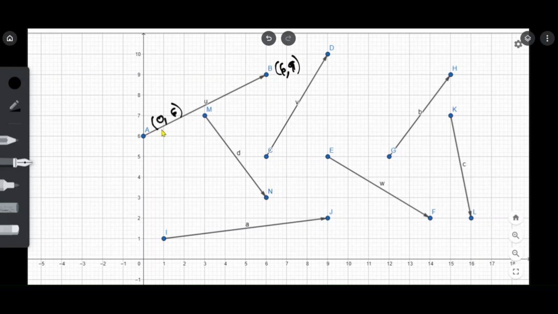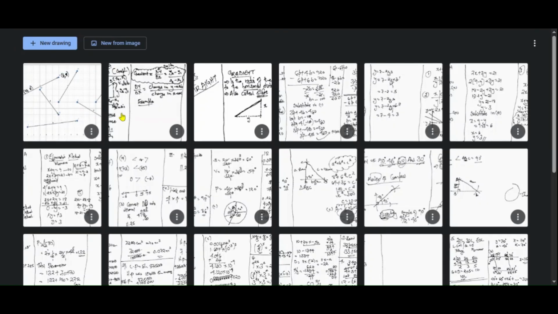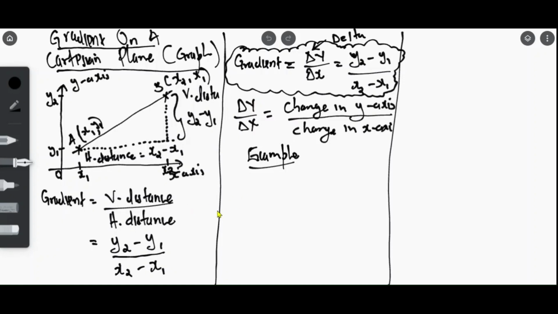So if I have a line AB, a line passing through points A and B with these coordinates, the gradient will be as follows.